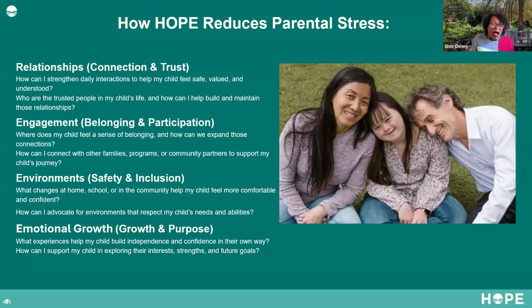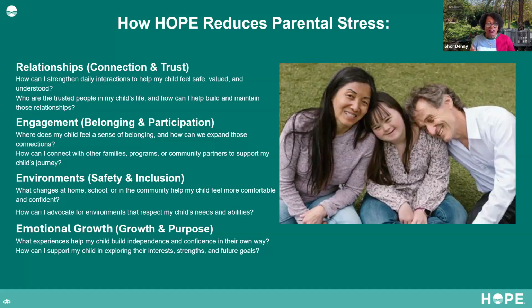But let me know. How can you? And who are the trusted people in your child's life? And how can you help build and maintain not just those relationships, but maybe grow them? So this is a little thinking, how are we going to add to what we're doing without really doing that much work, right?